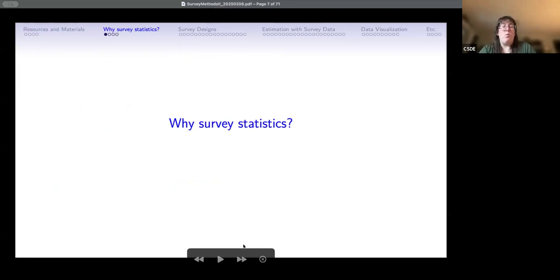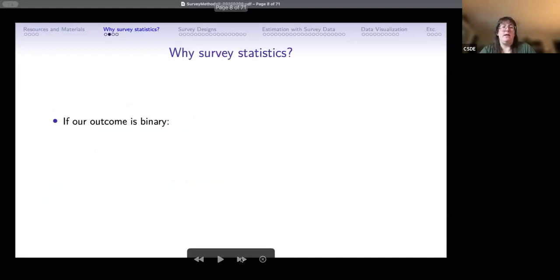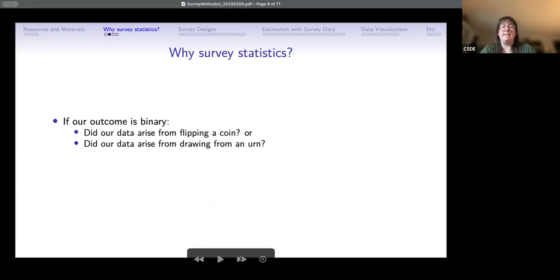All right. So why survey statistics? I'm going to motivate this with a little bit of an example. If our outcome is binary, in statistics or in the known and named distributions of probability theory, we might represent a binary outcome as if our data arose from flipping a coin.